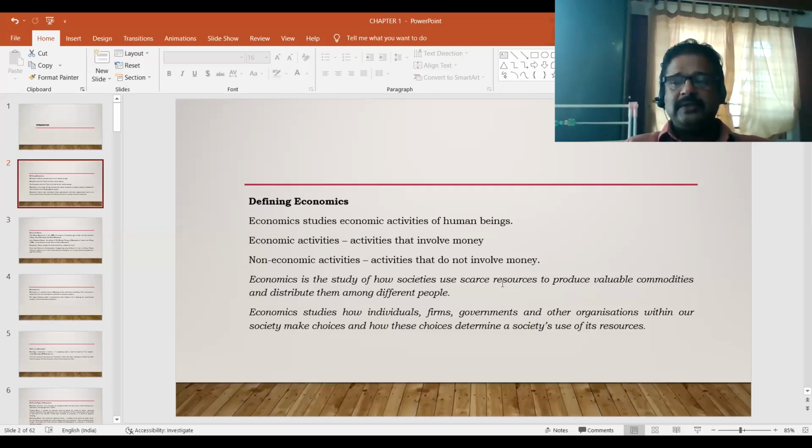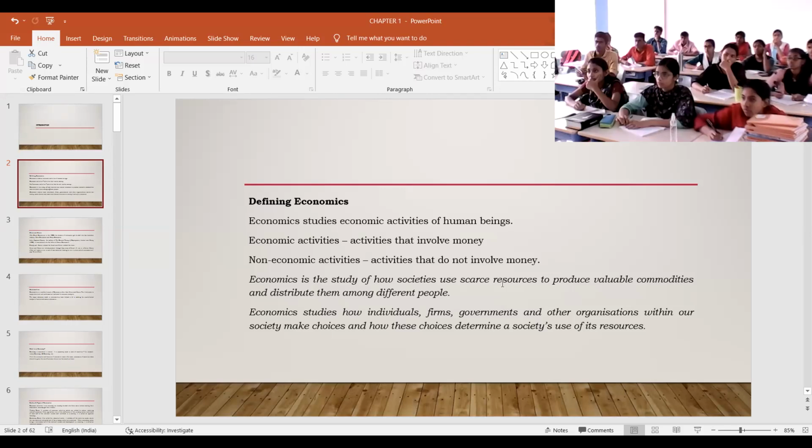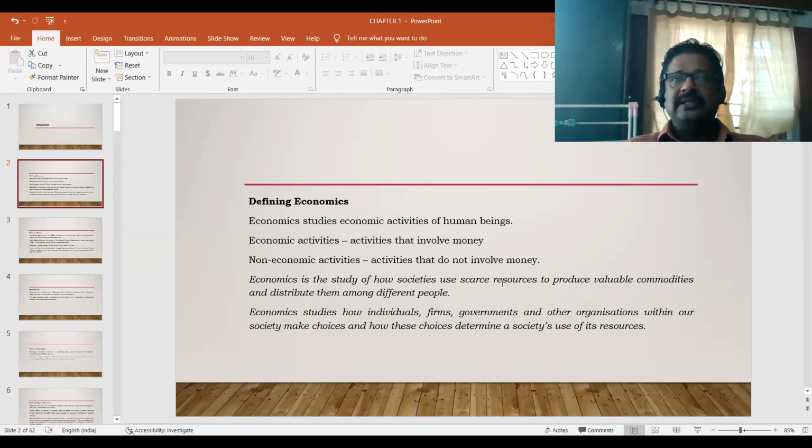It also includes services, because services also satisfy our wants. For example, when we feel ill, we go to the doctor and get the doctor's service, and a particular want is satisfied, isn't it? When we have any litigation, we go and consult a lawyer, so that the lawyer gives us his service.